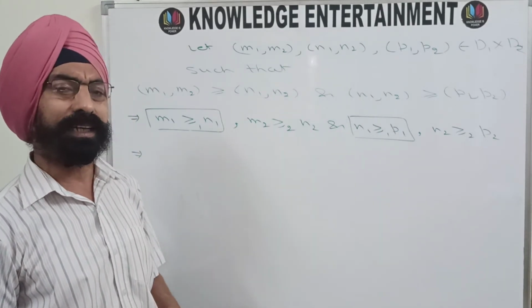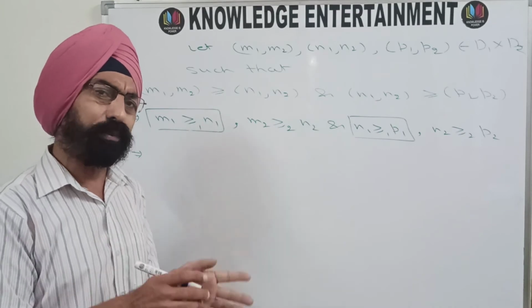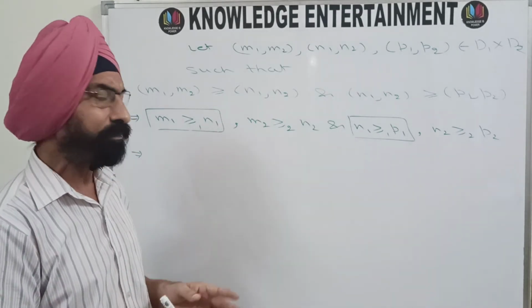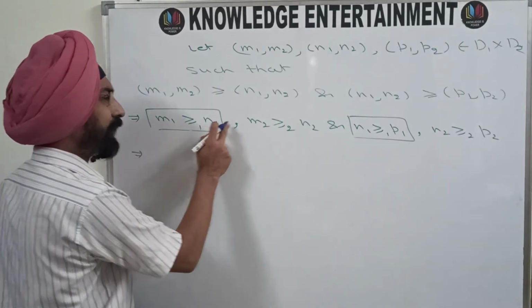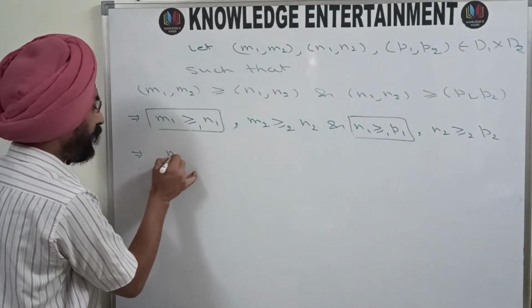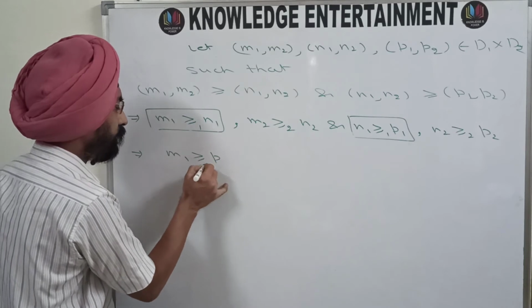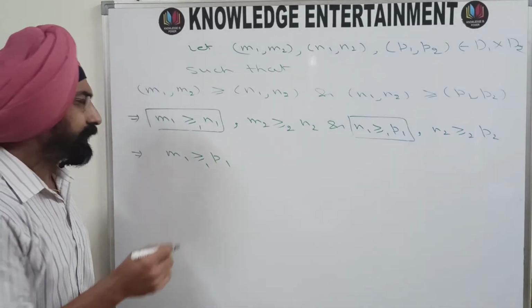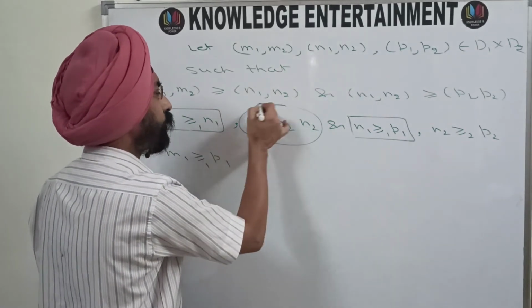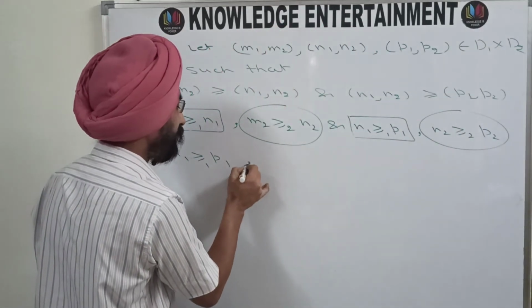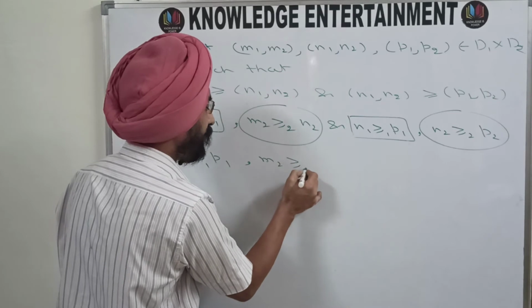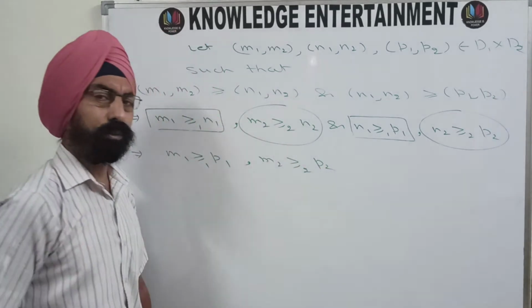So under the second property of directed set D1 with greater than or equal to 1, you have M1 follows N1 and N1 follows P1, meaning M1 follows P1. Similarly, you can apply the same result here to get M2 greater than or equal to 2 P2.